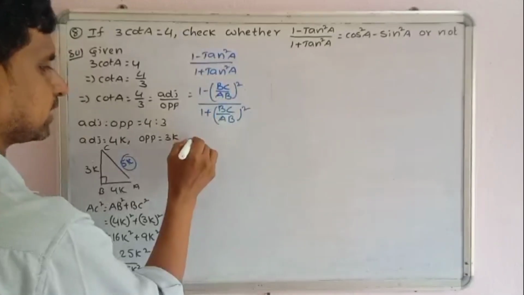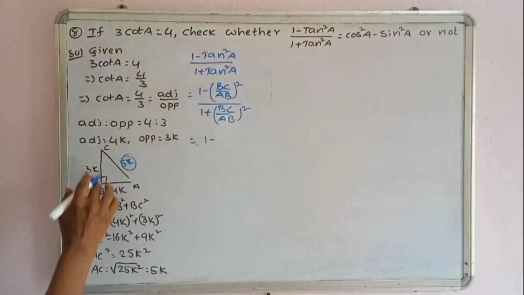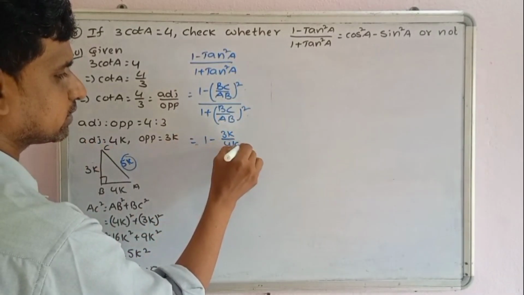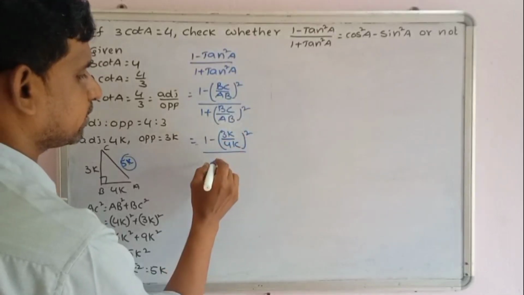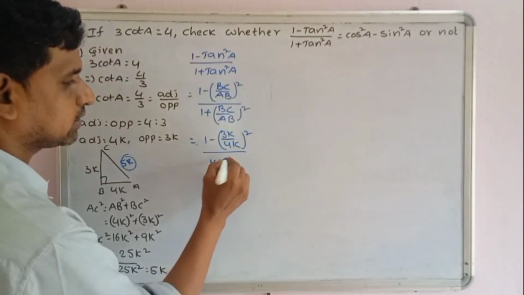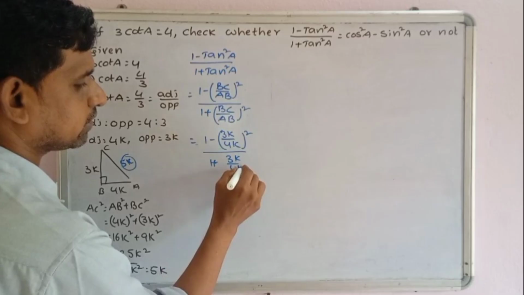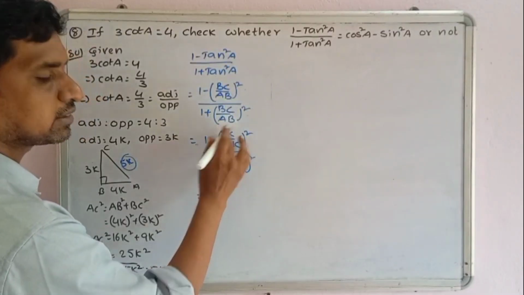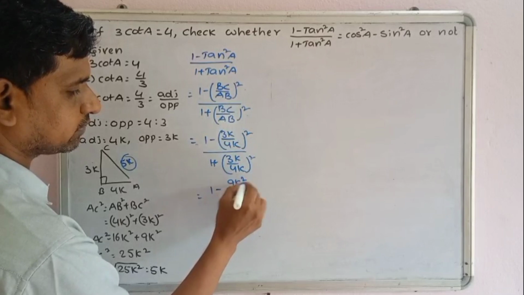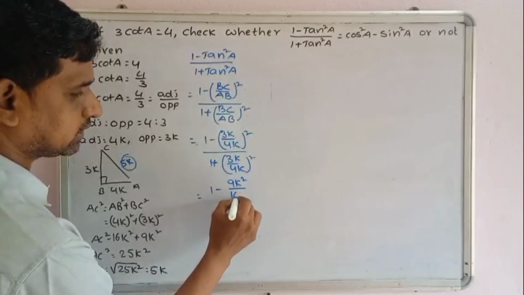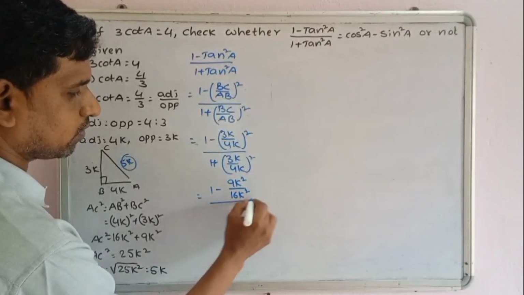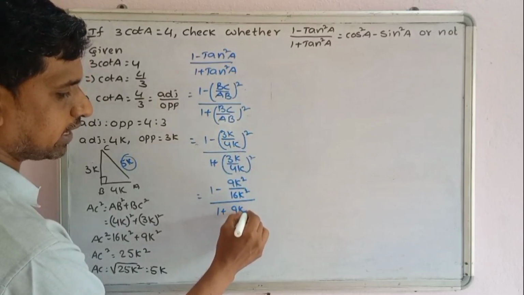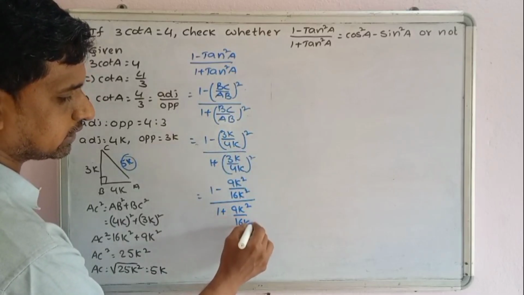That equals 1 minus BC value 3k by AB value 4k, whole square, by 1 plus 3k by 4k whole square. That equals 1 minus 3 square 9k square by 4 square 16k square, over 1 plus 9k square by 16k square.